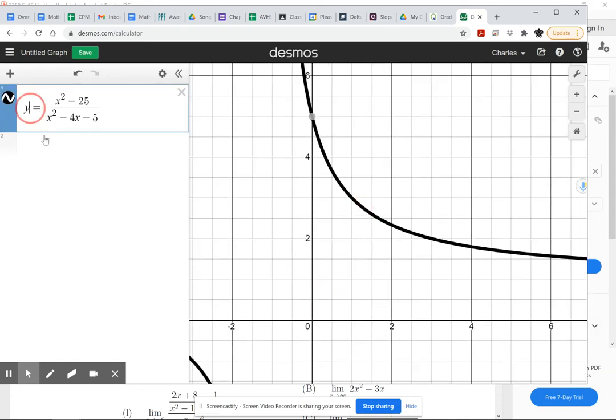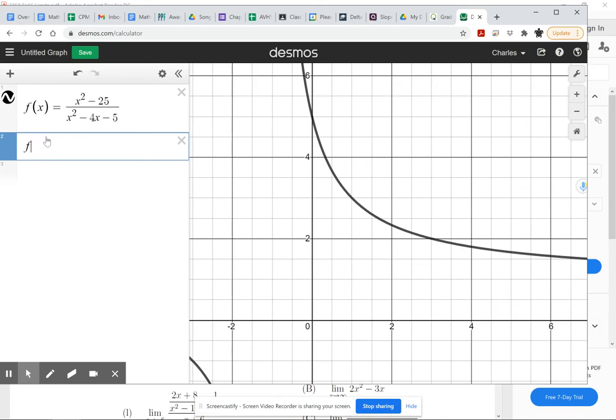Let's see, if I say f of x and I say f of 2, it'll tell me what f of 2 is, right? If I say f of 1, it'll tell me what f of 1 is.